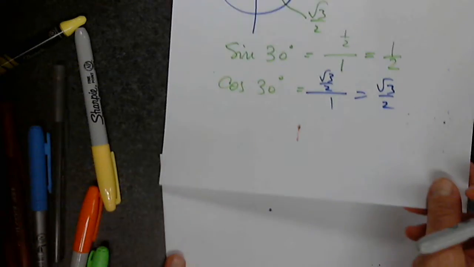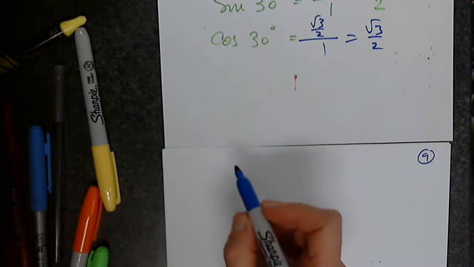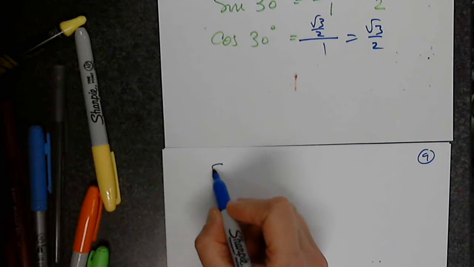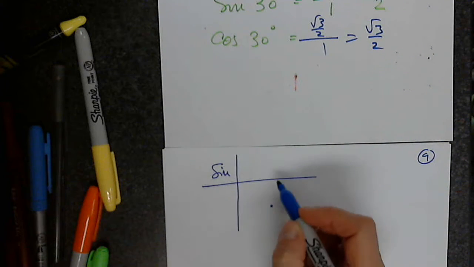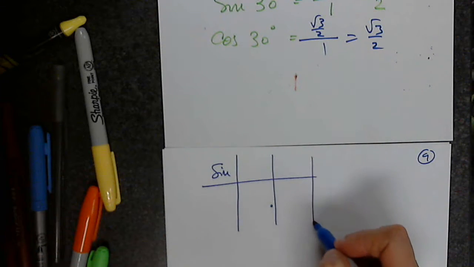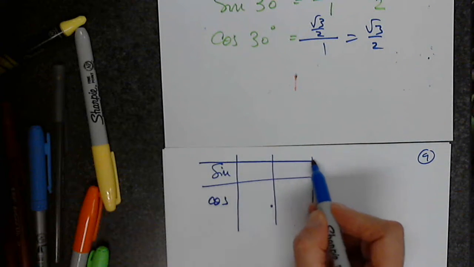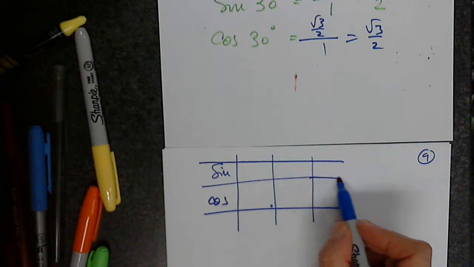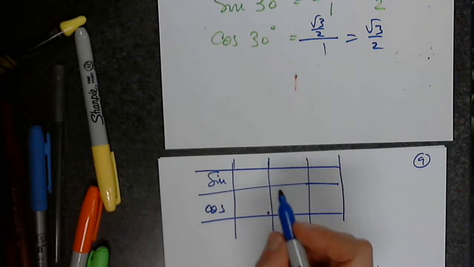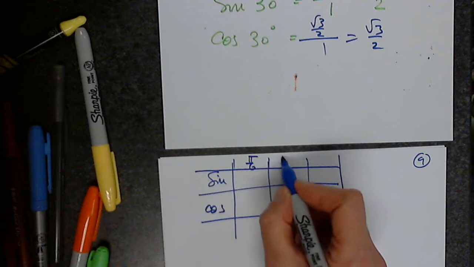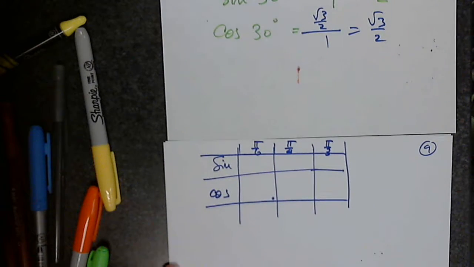I'm getting a little chart going here. Sine, cosine, and I need 3 angles. Pi over 6, pi over 4, pi over 3.